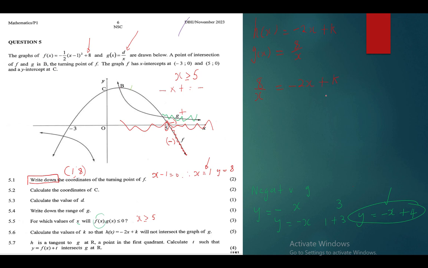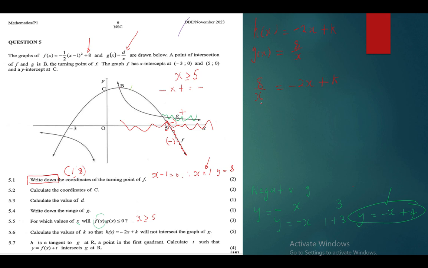Normally we do this when we are looking for the point of intersection. We equate the two equations. But in this case, we want to know at which value of k the two functions will not intersect. Okay, we have 8 over x equals negative 2x plus k.